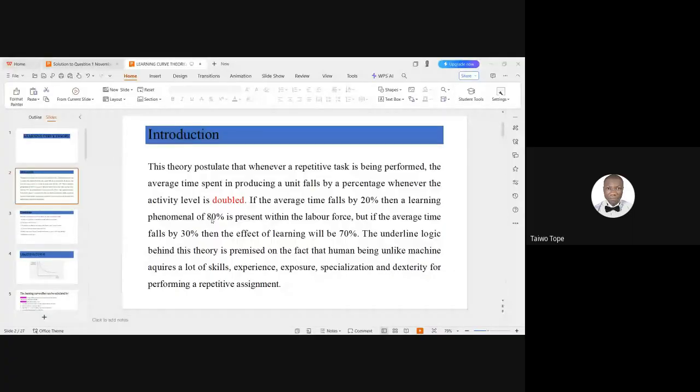So when we talk about learning curve, everybody, it is a practical thing that happens to us. When you start a task, when you were newly employed to handle a particular schedule in your organization, the first time you perform that task, you were a little bit slow.